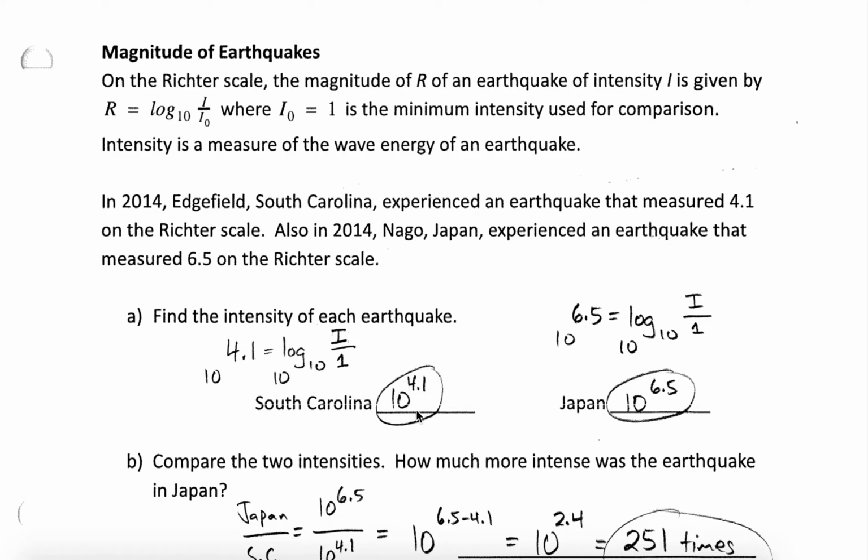We'll just leave it in this exponential form. Same thing with Japan, except that time the magnitude was 6.5. So we'll say R is 6.5. Again, we'll exponentiate, raise everything with a base of 10. And so the Japan earthquake has an intensity of 10 raised to the 6.5.